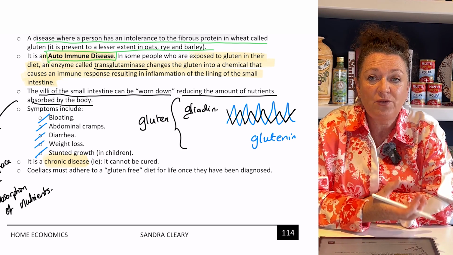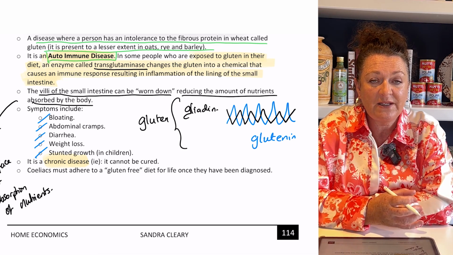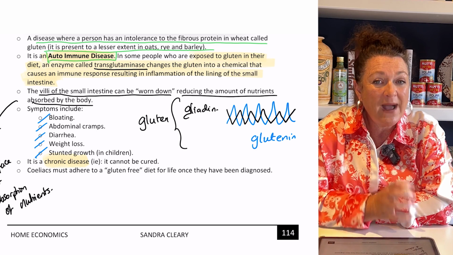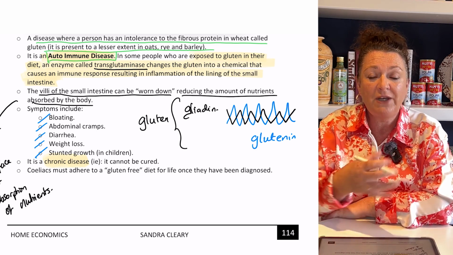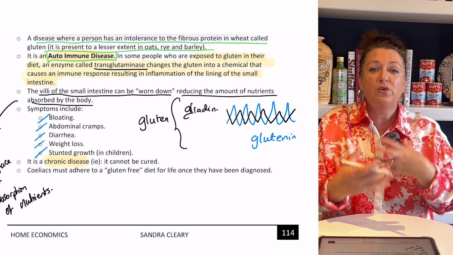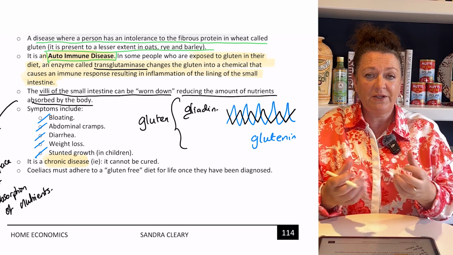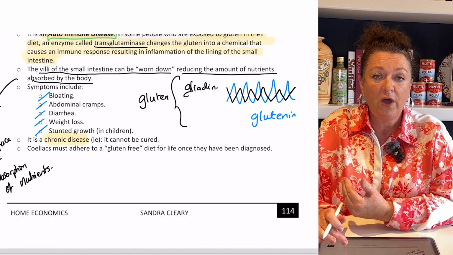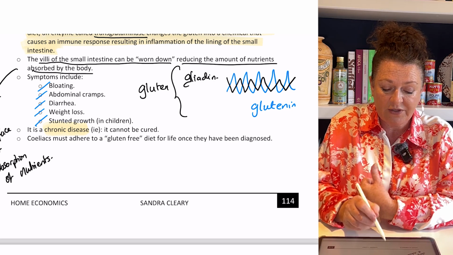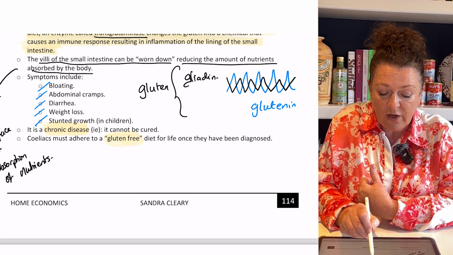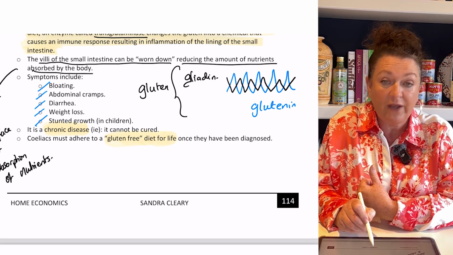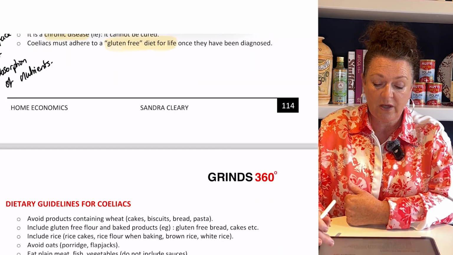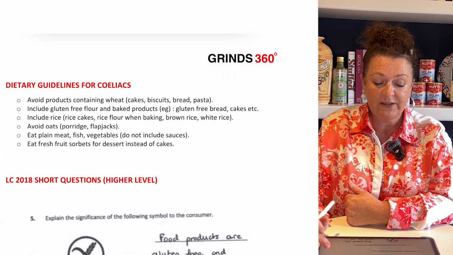And I suppose the best way for people who have celiac disease to manage their disease and manage these symptoms like the bloating, the diarrhea, very bad abdominal cramp, is to follow a gluten-free diet. So you must follow this gluten-free diet for life once you've been diagnosed, because it is a chronic disease.